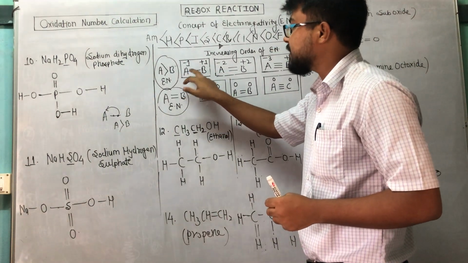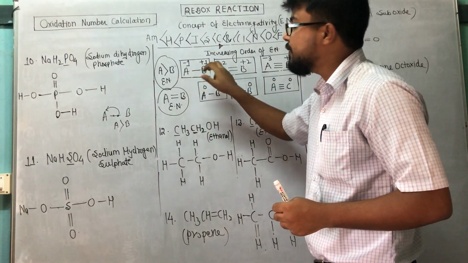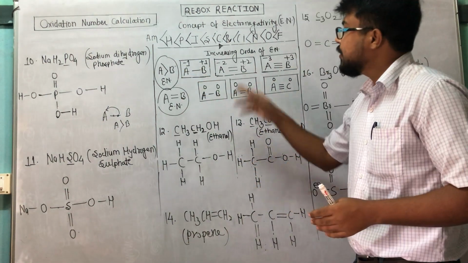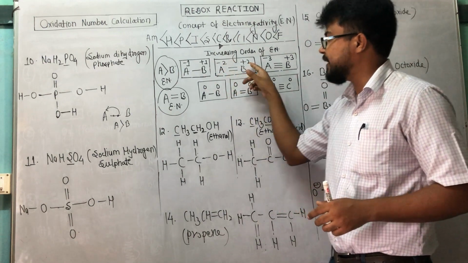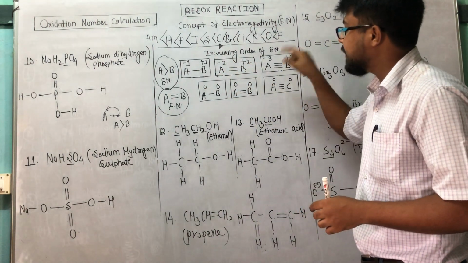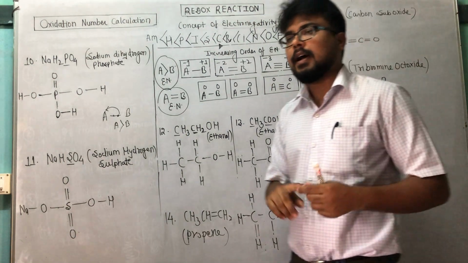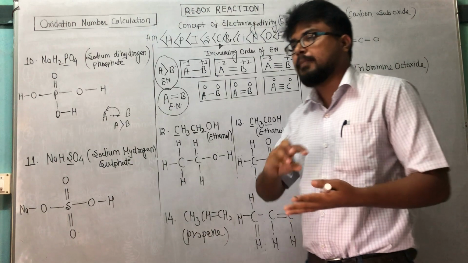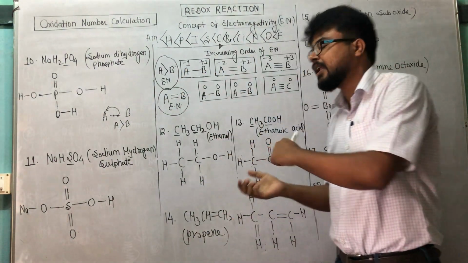For A, because A is more electronegative than B, it will bear -1 and B will bear +1 charge, correct? Same, because here 2 bonds, therefore -2 for A, +2 for B. Here 3 bonds, therefore it is -3, it is +3. Means each covalent bond contributes 1 unit charge, -1 towards the more electronegative element and +1 for the less electronegative element.